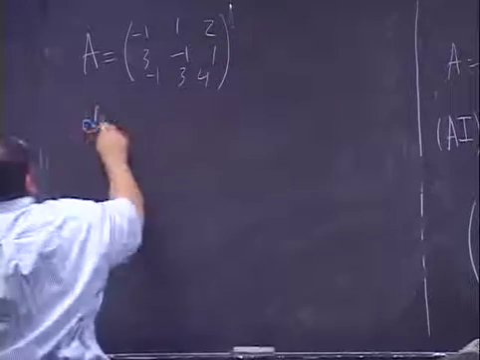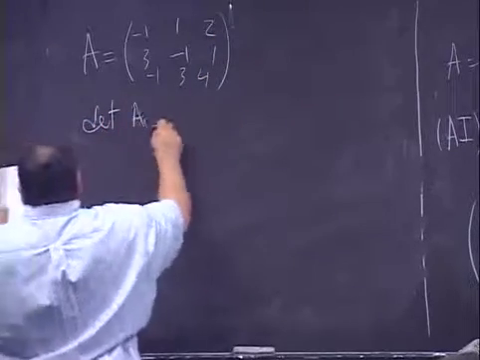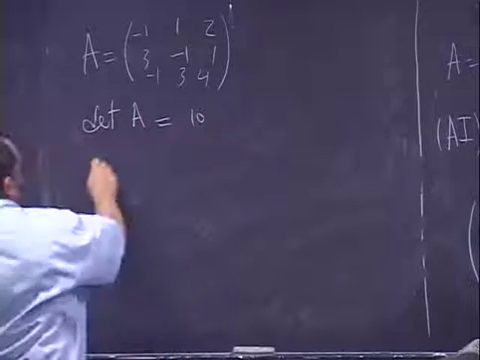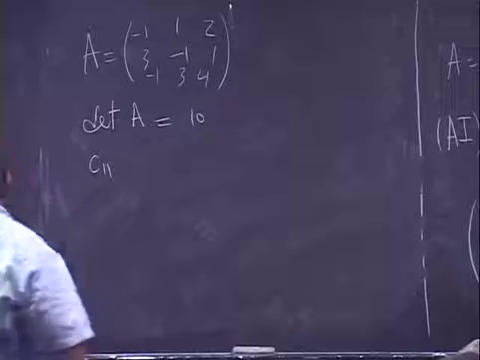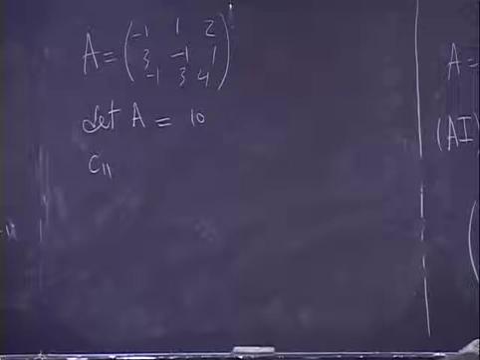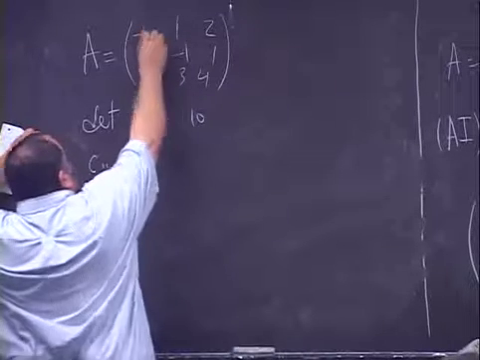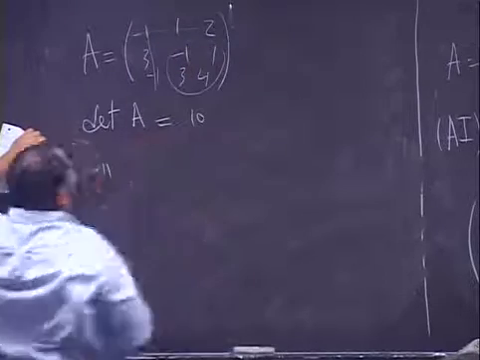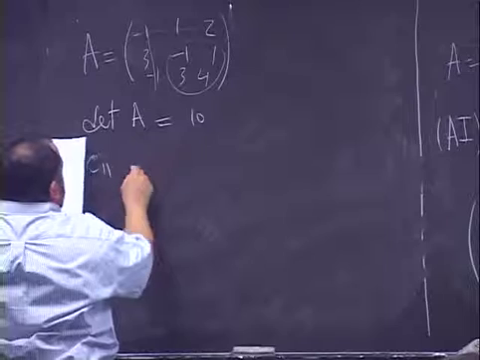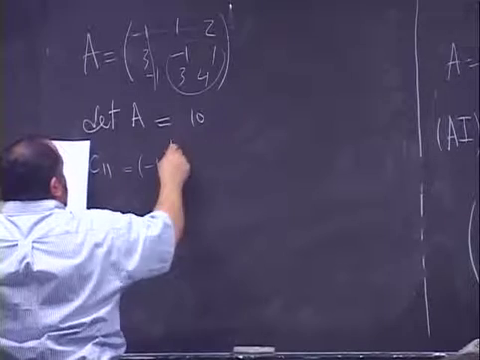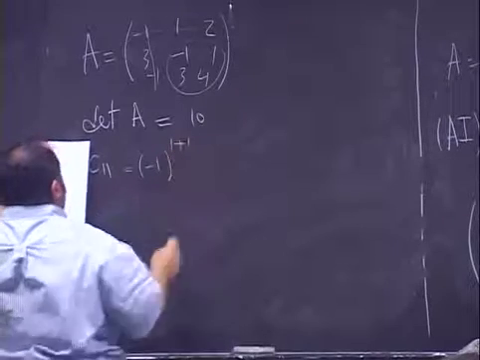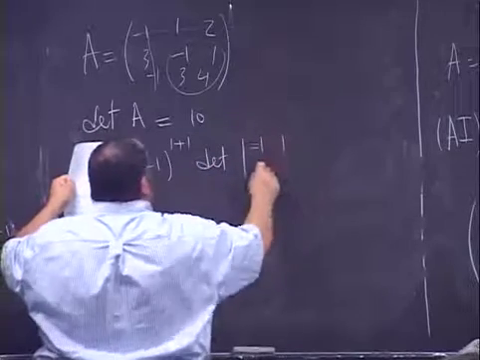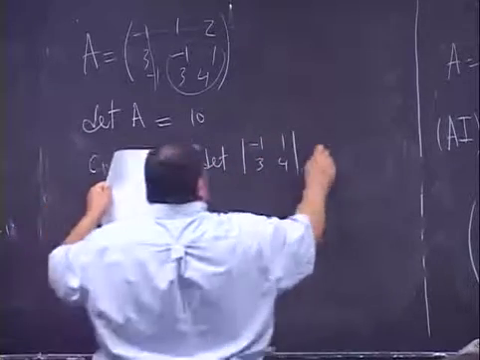First thing, you will get the determinant of A, and if you compute it, you'll notice that it is 10. Then C11: you will eliminate this row and column, and the cofactor will be (-1) to the power of i=1, j=1, multiplied by the determinant of [-1, 1; 3, 4]. And this will give you -7.